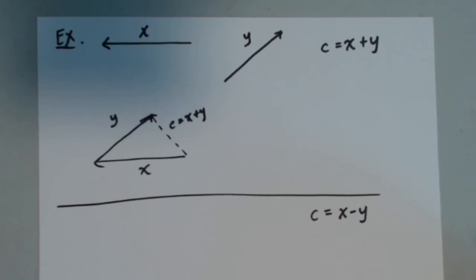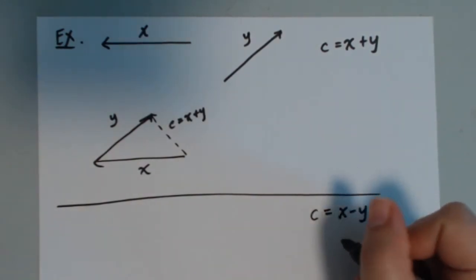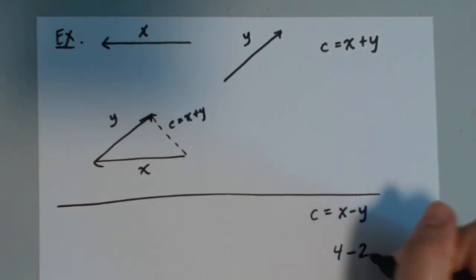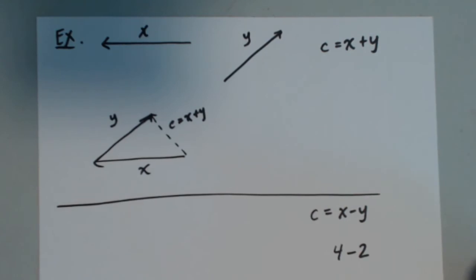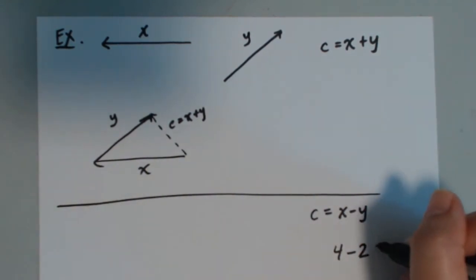Well, remember that subtraction is just like addition, just like multiplication is just like division. You just have to multiply or divide by different numbers depending on which direction you happen to go. Okay, so let's say I wanted to do 4 minus 2. Okay, that's really simple to calculate, but I want you to see this in a slightly different way.